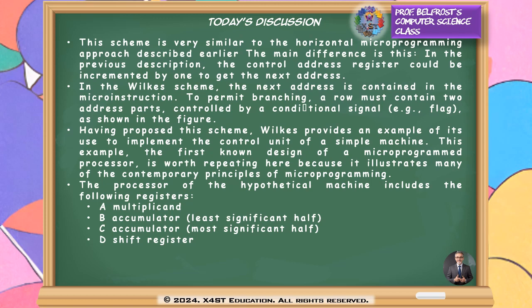The processor of the hypothetical machine in the Wilkes architecture includes the following registers: first, the multiplicand; second, the accumulator LSH; third, the accumulator MSH; and fourth, the shift register.